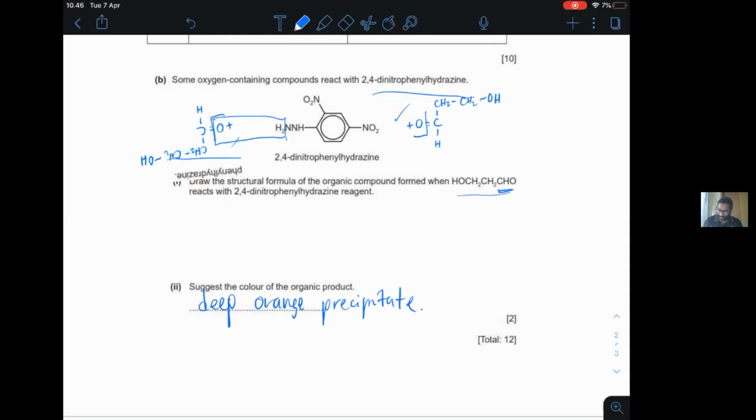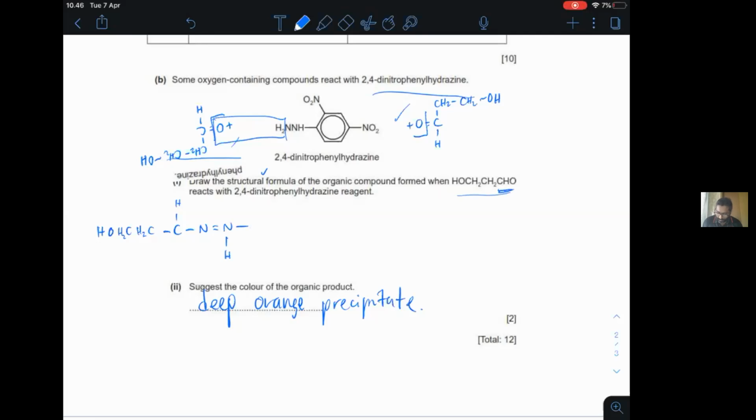If they say structural formula, I'll just draw the displayed formula first. This one will look like there's C, there's H, and then there is also CH, then CH2, CH2, OH, and then this one bonded to nitrogen, and then bonded to another hydrogen.